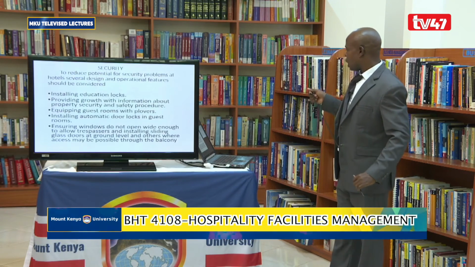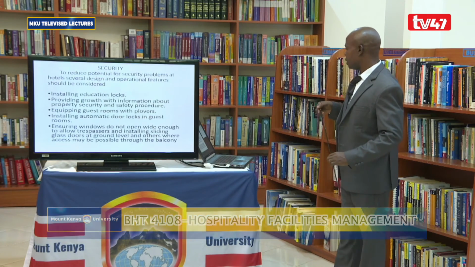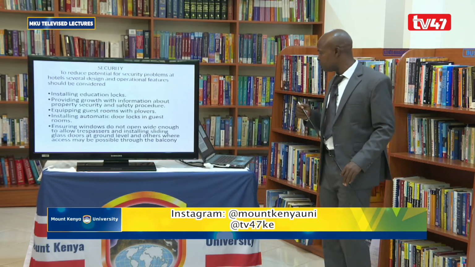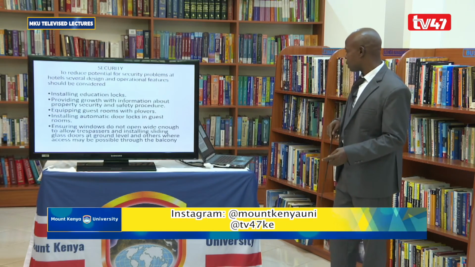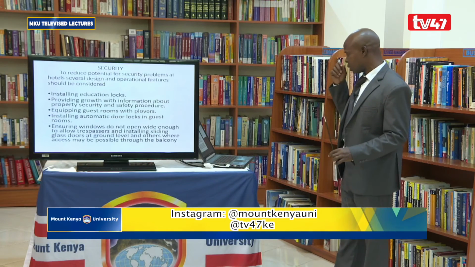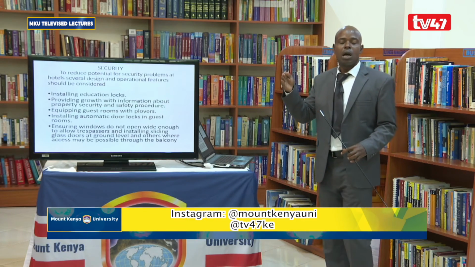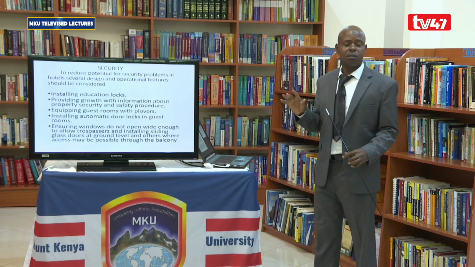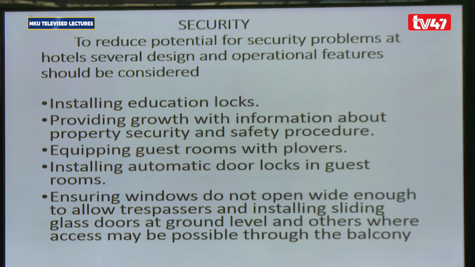Okay, I want us to move to security issues within the establishment. And why are we talking about security issues? We are talking about security issues because within the establishment, we have a lot of issues pertaining to security. And for us to reduce the potential for security problems, we have to look at several design and operational features that a hotel can adopt.